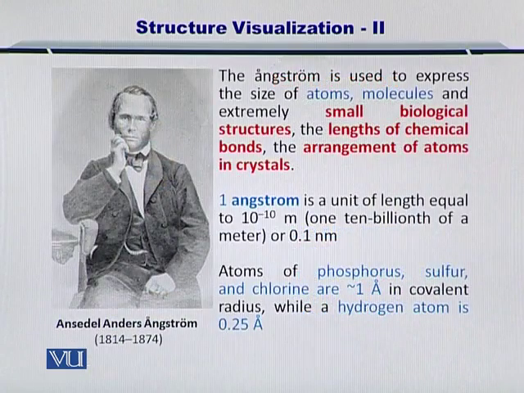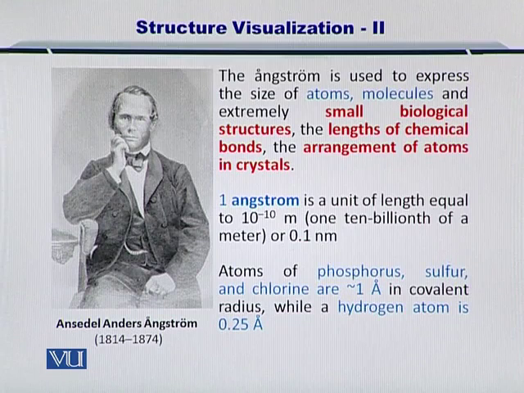This gentleman here, his name is Anders Angstrom. He was a Swede, and in appreciation of his scientific endeavors, his name, Angstrom, that was his surname, is being used these days to measure distances between different atoms in the proteins.